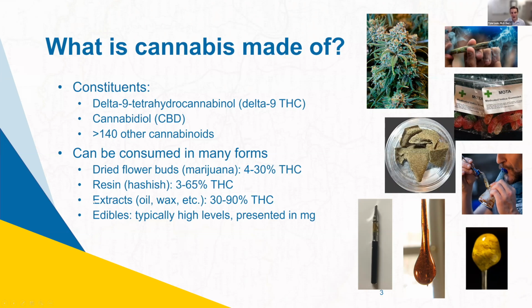What we're seeing more often, in the past 5-6 years, has been an increase in the use of extracts. So oils, waxes, people dabbing, right? I'm sure you're familiar with. So these are really high concentrations of THC, ranging up to 90+% of THC concentrations in these products. And then finally, we have edibles.